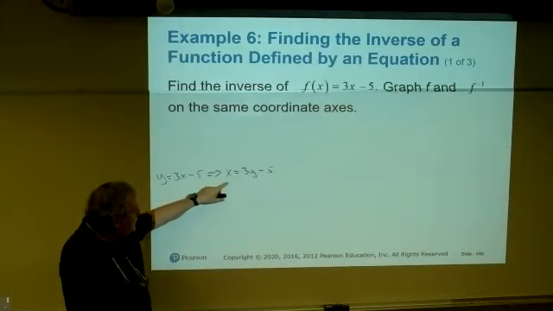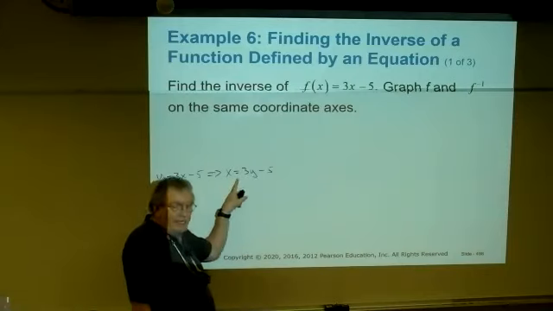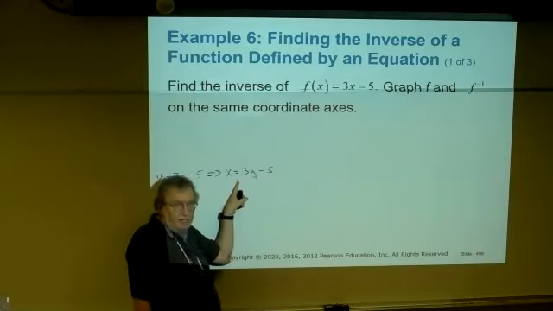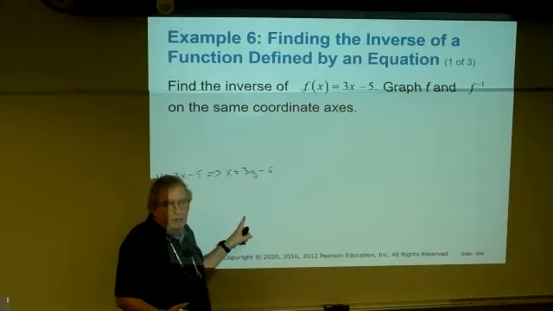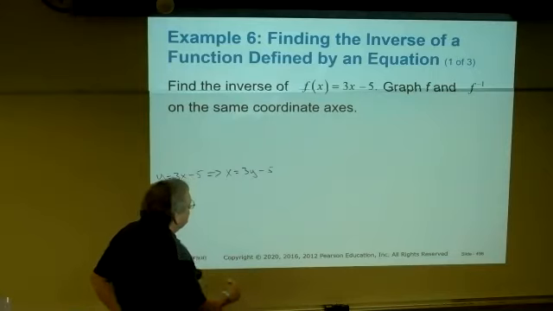But this gives us the implicit form of the inverse function. So we want to solve for y so we can state the explicit form of the function, where we get the y values every time we put a number in for x.